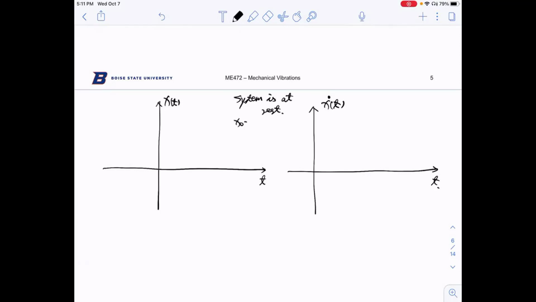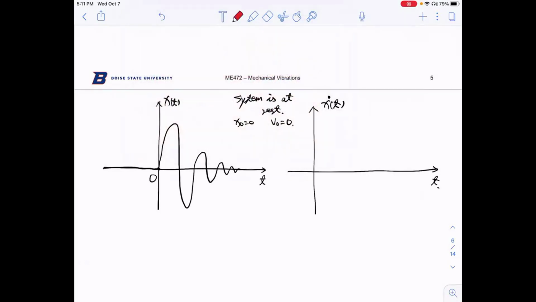That means initial position is 0, initial velocity is 0. So as I said, your displacement will follow a free damped system, right? And then before time equal to 0 it is flat, right? No response. Make sense?